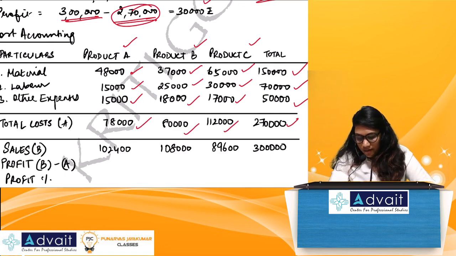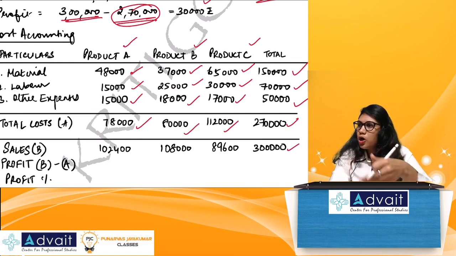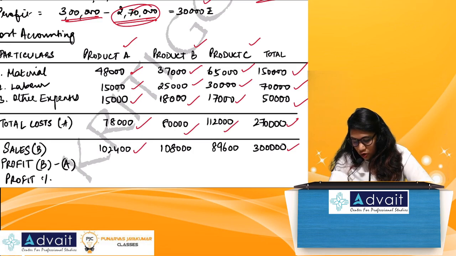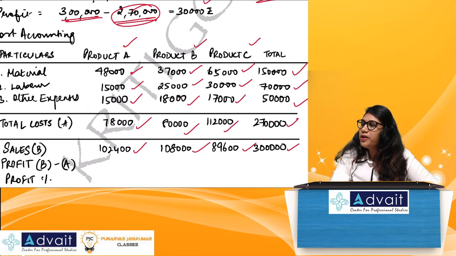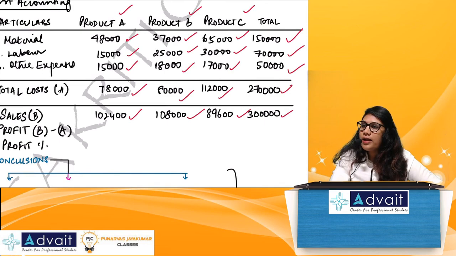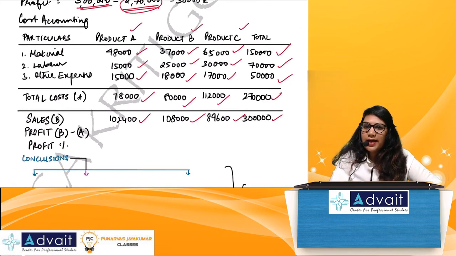Correct? Same way sales was 3 lakh. There also, here also. But again, because I have split my costs in the ratio of the products, correct? My sales will also be in the same ratio. So 1,02,400, 1,08,000, 89,600. I've split my sales between my 3 products. Now if I ask you to calculate profit, how will you calculate? Sales minus costs. Can you please calculate the first one and tell me? 1,02,400 minus 78,000.